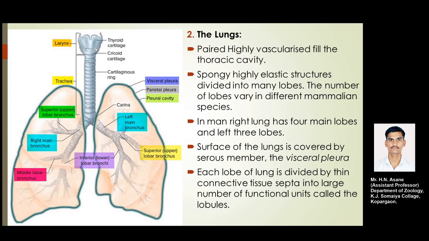Up to there is the portion of the trachea, which has cartilaginous rings, whose structure and histology we saw in the last session. So in today's session we are engaging with the lungs. The right lung has four main lobes and the left has three lobes.